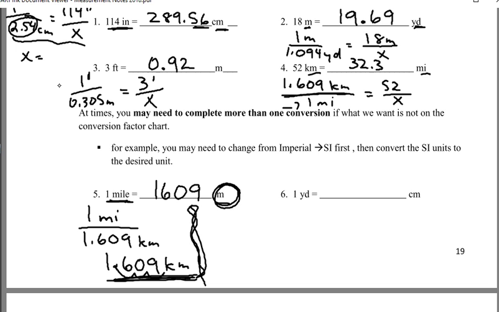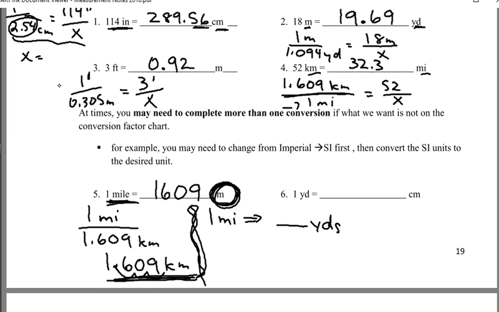Always choices. The other possibility here, just to talk about it, maybe some of you are thinking, well, what if I changed miles first to something that's close to meters? What's close to meters? Well, yards is. So maybe you want to take 1 mile and convert it to yards. That's possible. Well, how do we go miles to yards?